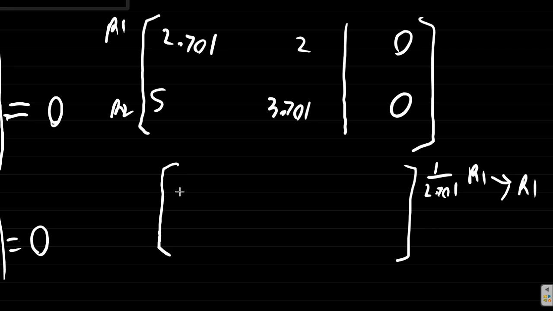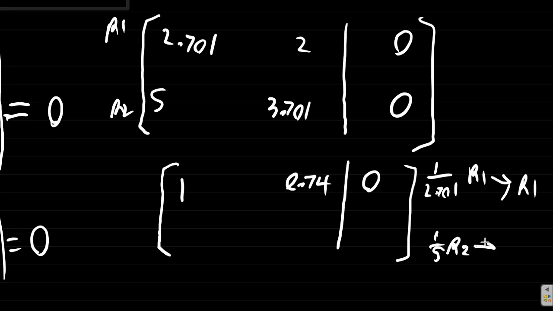When we divide 2.701 by itself, we have 1. And then we have 2 over 2.701, which is 0.74. So we have 0.74. 0 over 2.701 is just 0.